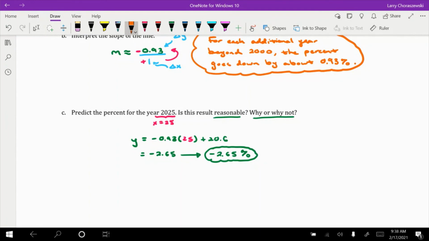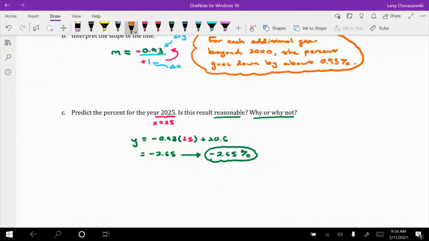But keep in mind what the negative 2.65 represents. Negative 2.65 represents negative 2.65%. So percent of what? What is the y value tracking? The y value is tracking the number of 12th grade students reporting. So I wouldn't say you can't smoke negative 2.65 cigarettes, even though I totally agree on that.